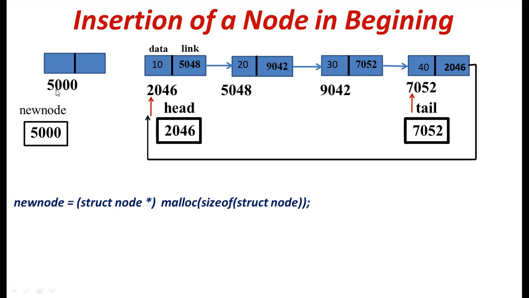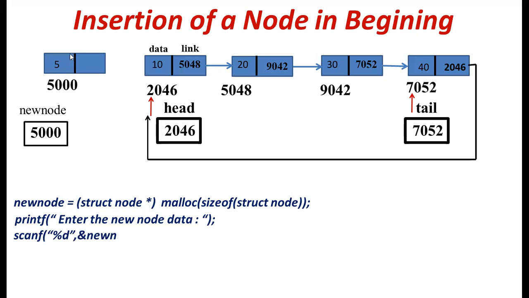Now we need to assign the values to this new node. We have to read the data into the data part by using the scanf function: printf, enter the new node data, scanf %d, ampersand new node to data. Say we have entered the data value as 5; the 5 is stored here.